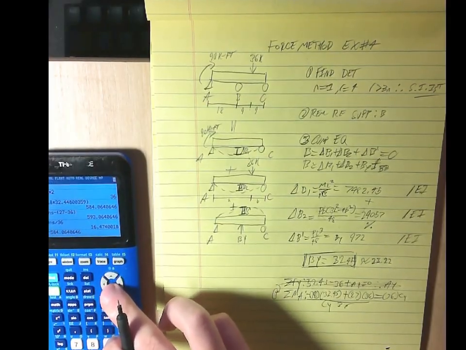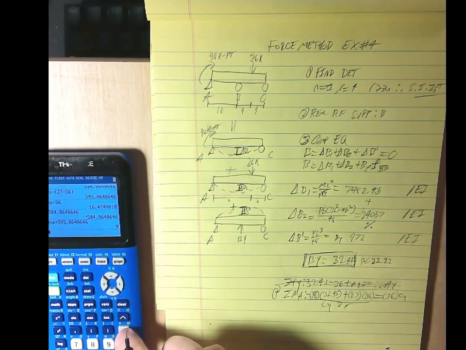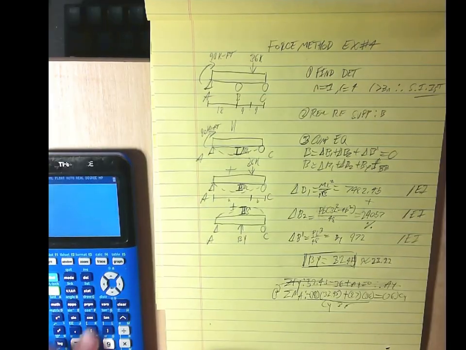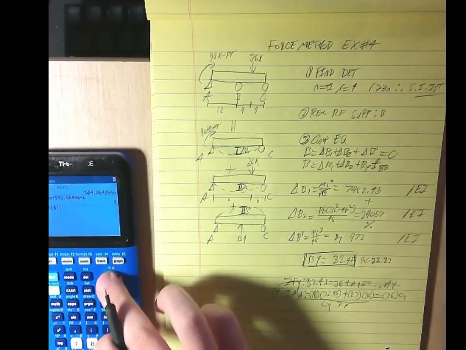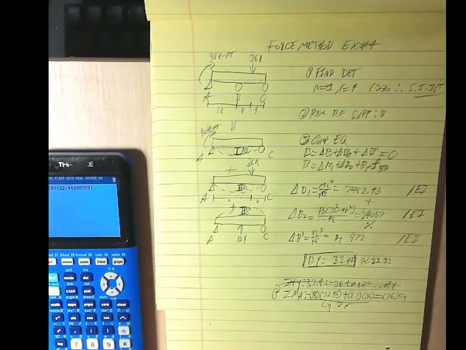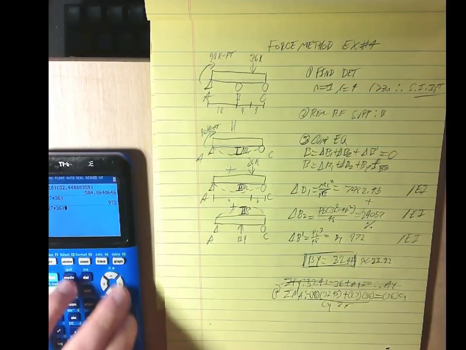Negative 500, answer plus this. Hold on. Negative 18 times our 32.45. That 27 times 36 is that.